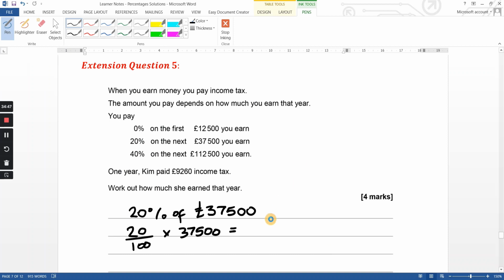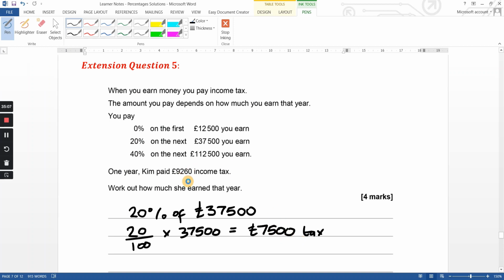Oh, so already this much tax. Well, the total tax that she paid was 9,260. So already we've got £7,500 tax.